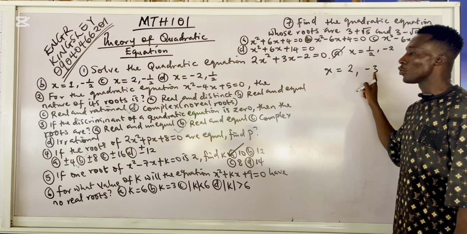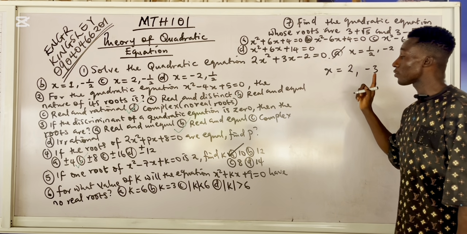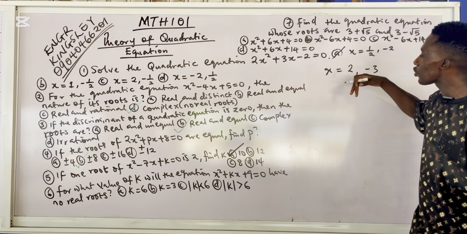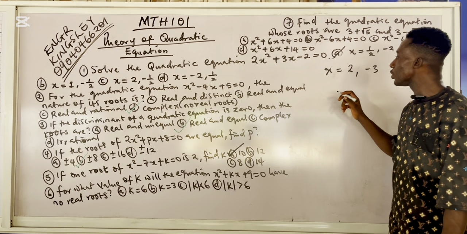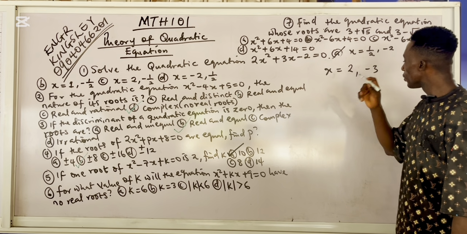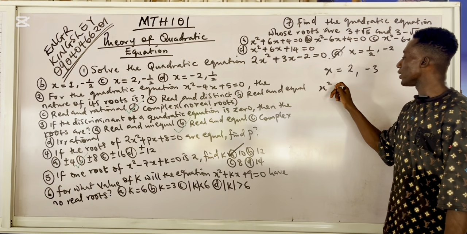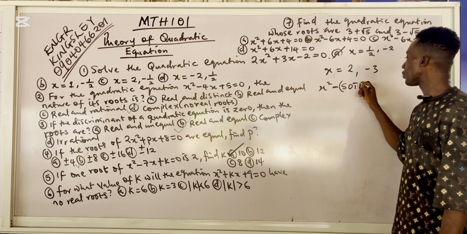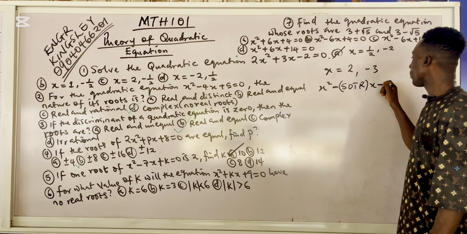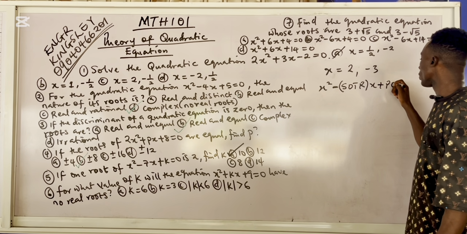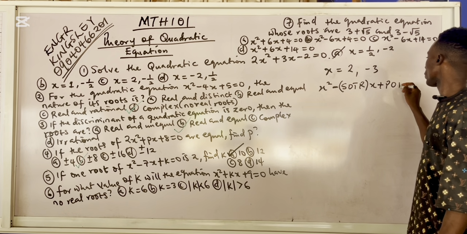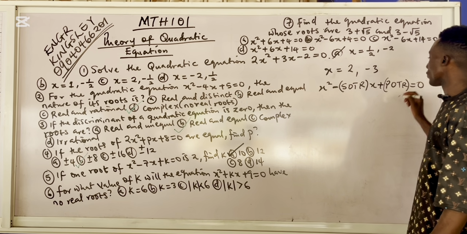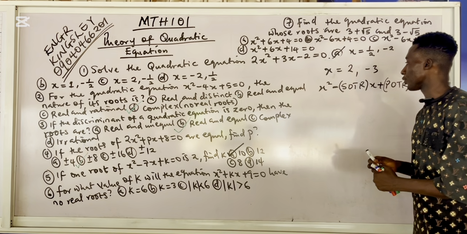So, if these are the roots, for us to get the equation whose roots these are, we use this formula: x squared minus the sum of the roots x plus the product of the roots equal to 0. Always use this equation.